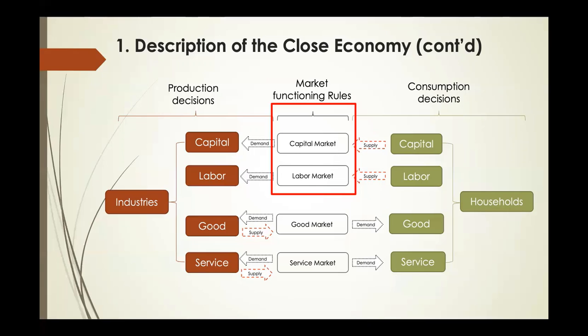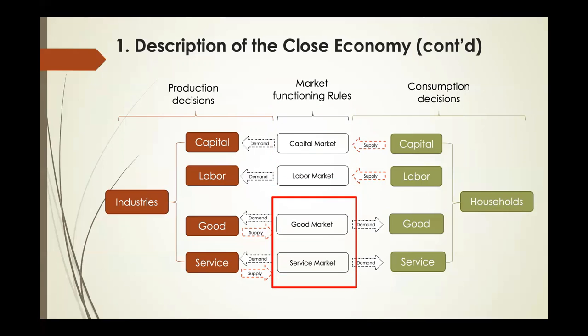Also, industries' supplies of goods and service and households' demand for goods and service pass through the product markets. Here we also have 2 product markets, a goods market and a service market.